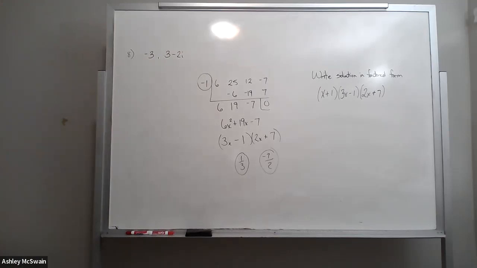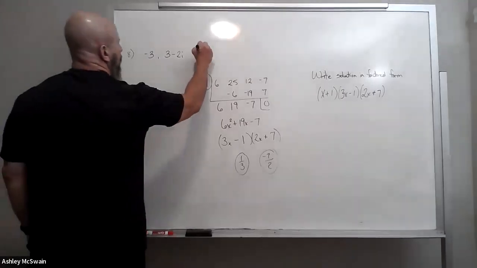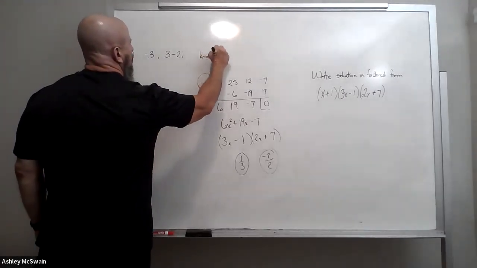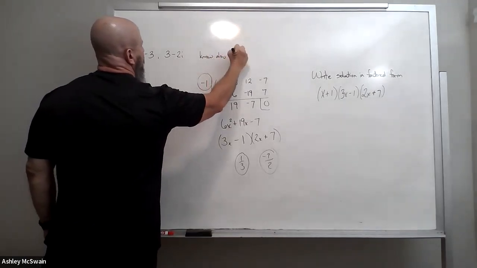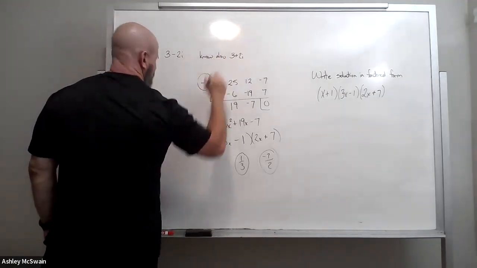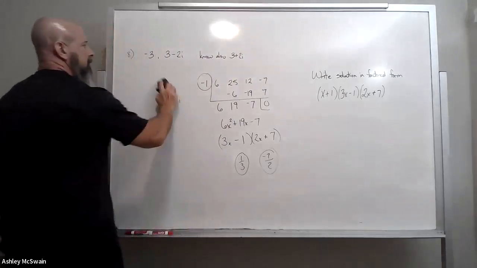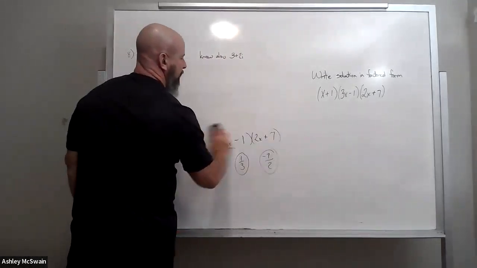So what we need to remember is the imaginaries, complex numbers like 3 minus 2i, must exist in a conjugate pair. So I know that there's also a 3 plus 2i. Those would be my 3 zeros.